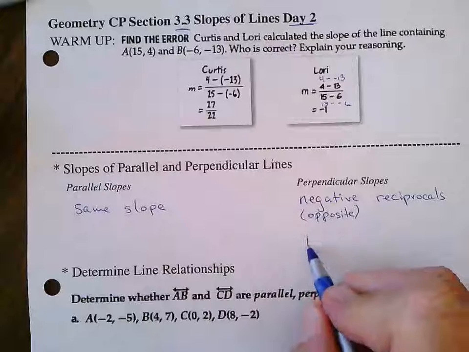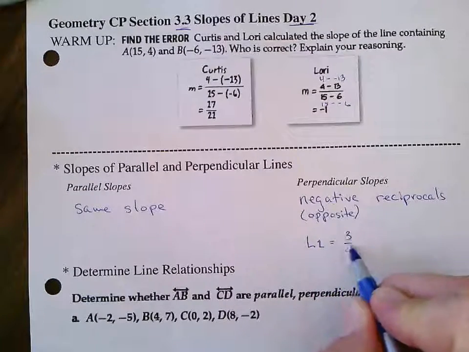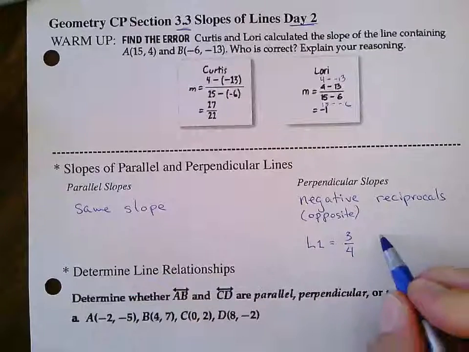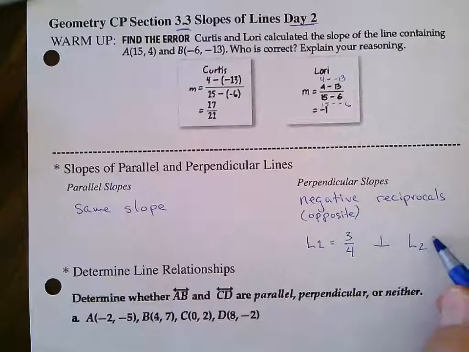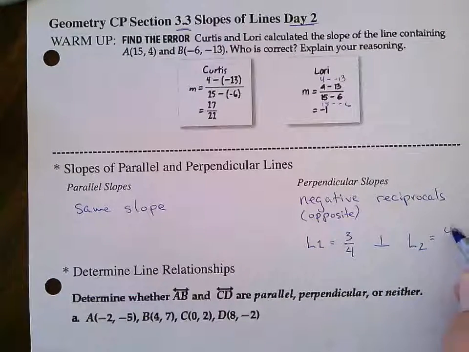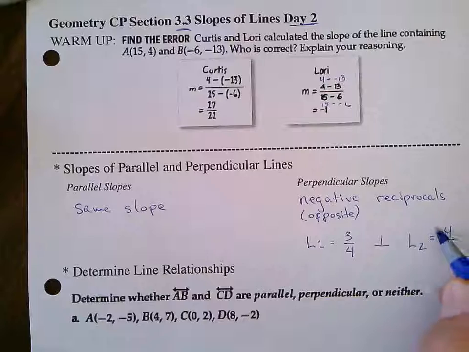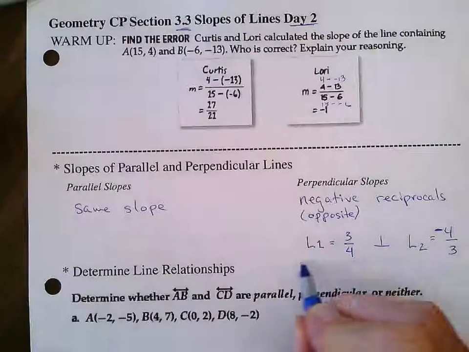So for example, if line 1 has a slope of 3/4 and it's perpendicular to line 2, then line 2 would have not the same slope, but you flip it and change its sign. So it would be negative 4/3. I'll do another one real quick.